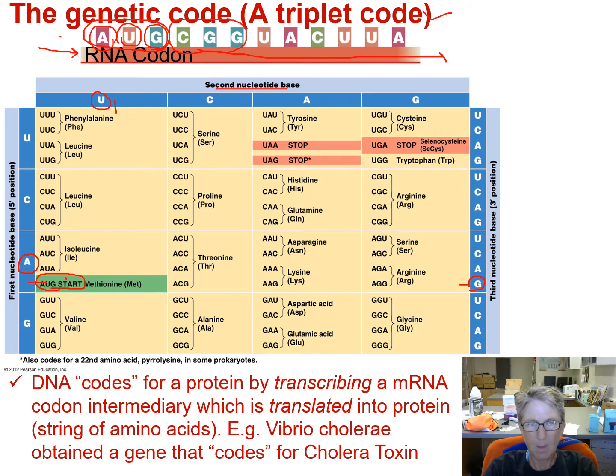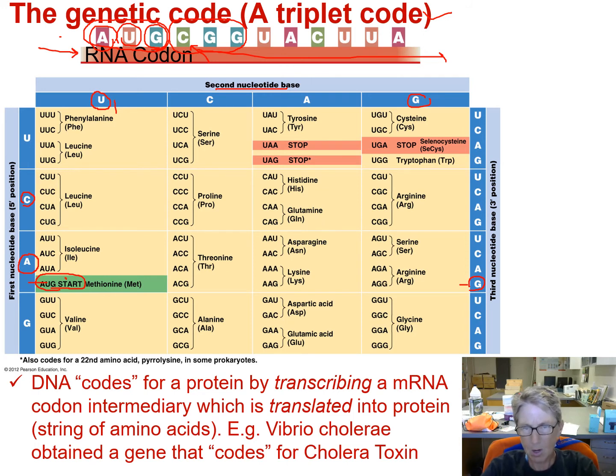The first letter in the codon in this second triplet is C, so the first nucleotide is C. The second nucleotide is G, and the third nucleotide is also G. So it's CGG.